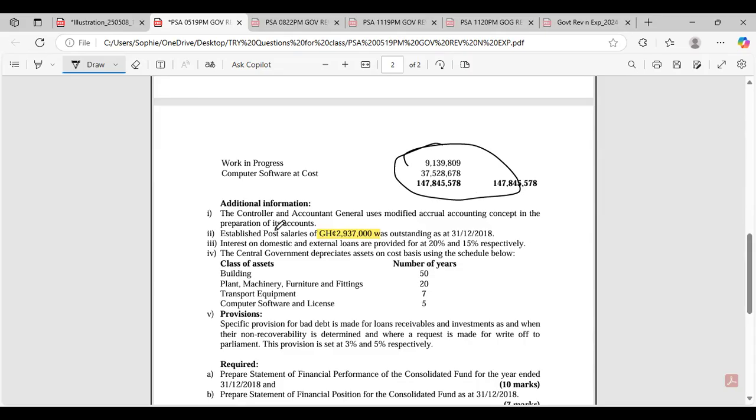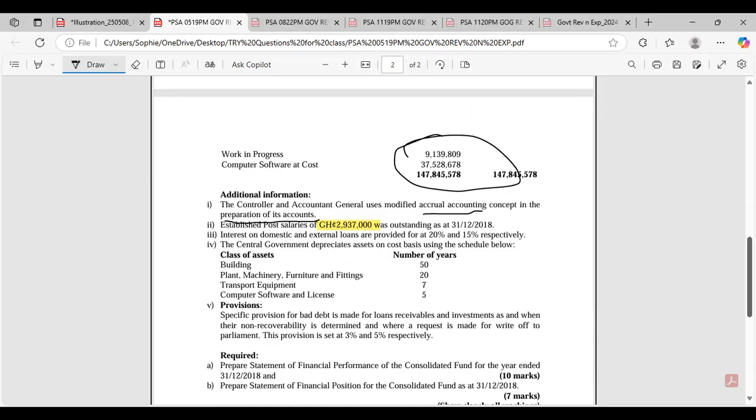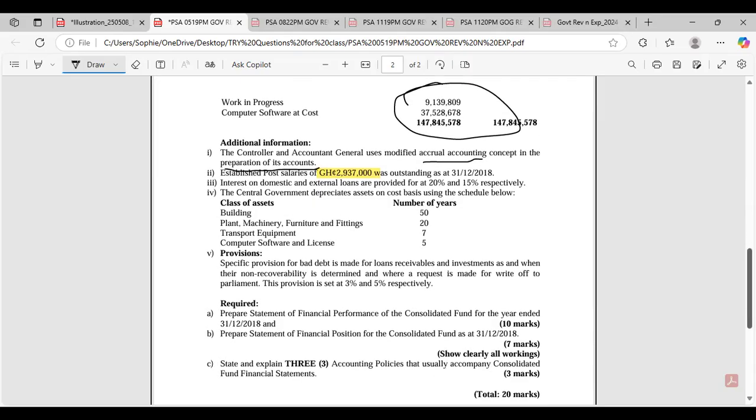Additional information. We have 3 minutes more. Don't worry, we will close exactly at 6:30. The Controller and Accountant General uses the modified accrual accounting concept in preparation of final accounts. Here they are telling us that we are not going to use cash basis of accounting, but we are going to use accrual or modified accrual.